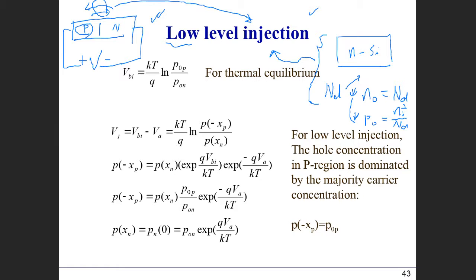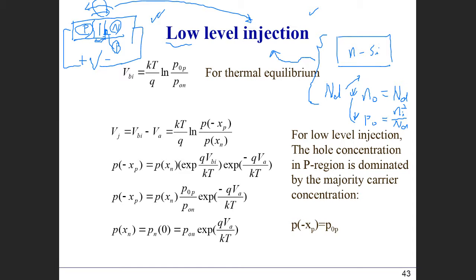When this injection happens, especially at the edge of the depletion region, your minority carrier concentration starts to increase. So in the n side, the minority carrier is the hole. The hole concentration at the edge of the depletion region starts to increase when you apply the forward bias.